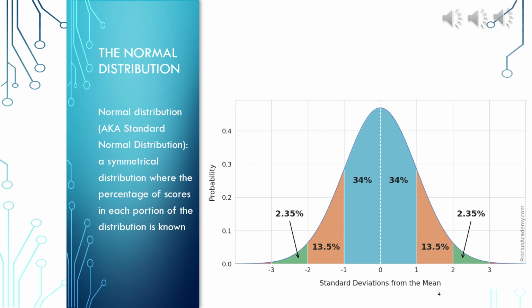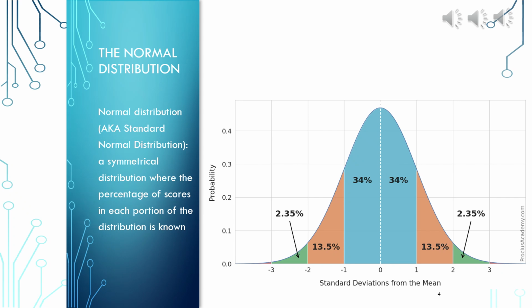Add those 34 and 34 together, and you get 68% of all the data points within plus and minus 1 standard deviation from the mean. That means more than half of all the data falls within 1 standard deviation of the mean, because that's where most people are going to score. They're going to score similar to the mean when you have a distribution like this.